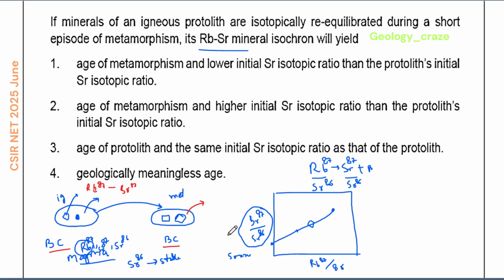So now we are getting a new trend. Suppose here is the overall rock, or consider it as one more mineral, and we are getting, suppose, this triangle, this mineral.